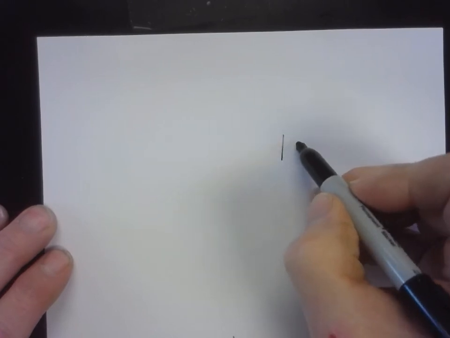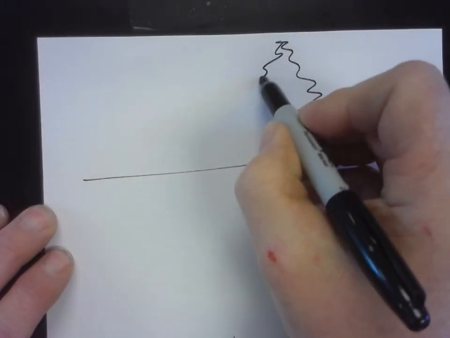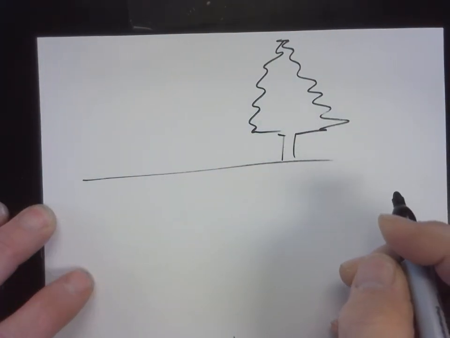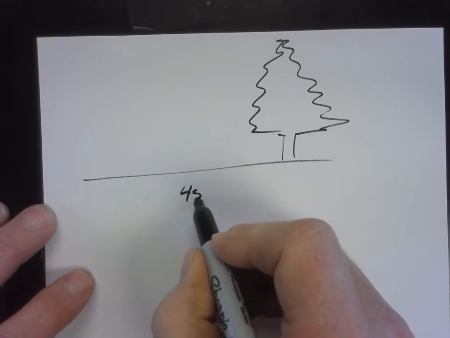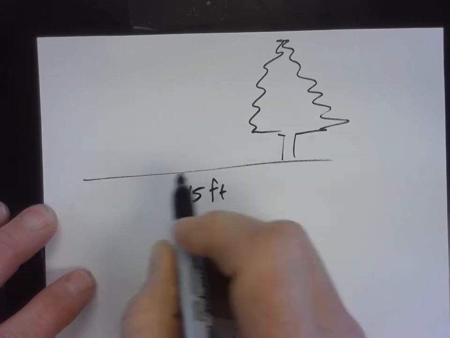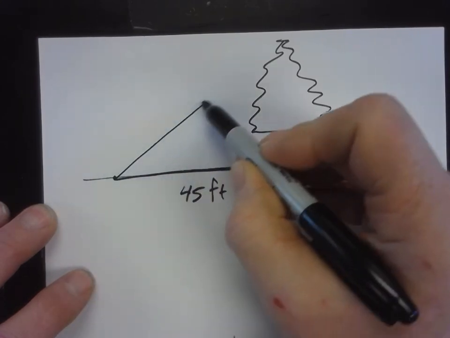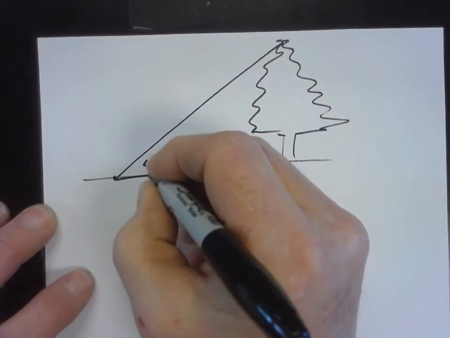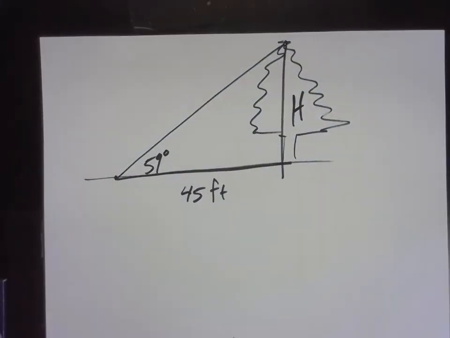So you're out in the forest. There's a tree. Beautiful tree. You measure, you're 45 feet from it, right here. The angle up to the top of the tree is 59 degrees. Can you find the height of the tree?